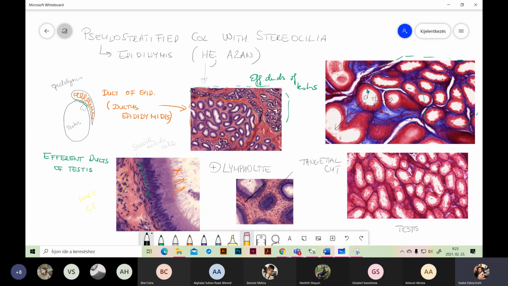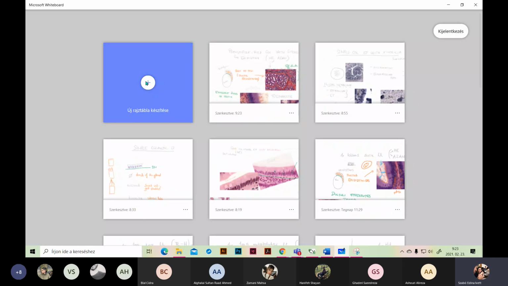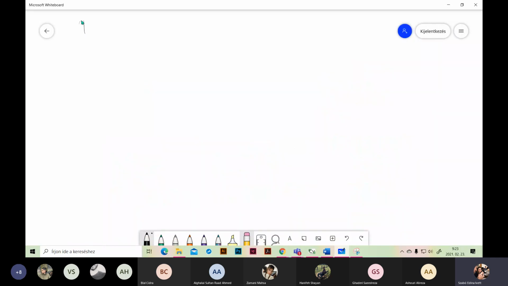Okay, and now our note is ready. Okay, the next slide, which shows the pseudostratified columnar with kinocilia.